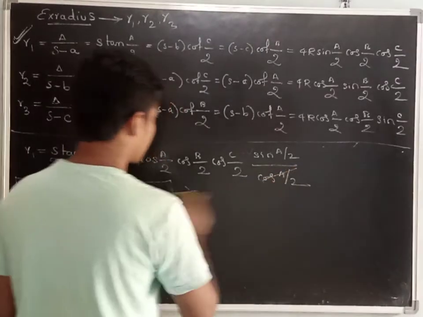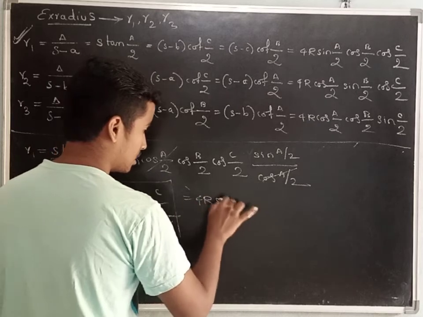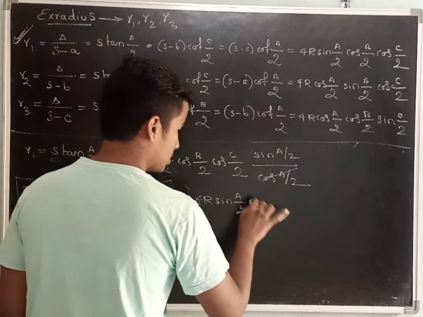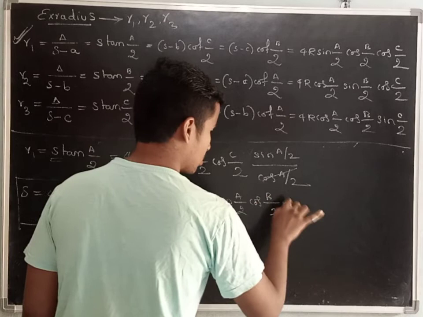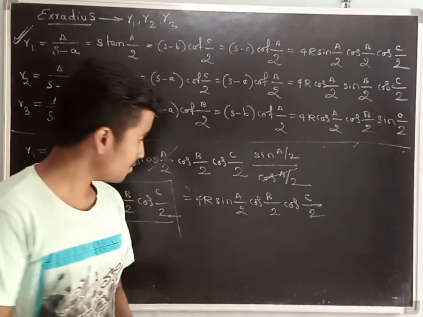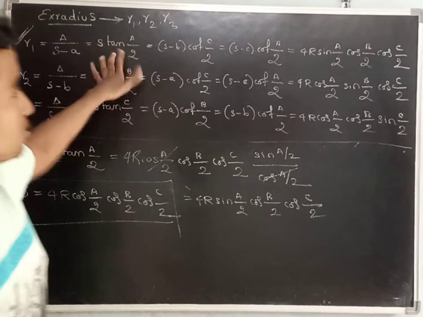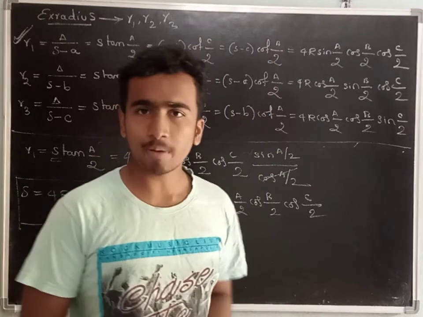Here cos a by 2 gets cancelled. On further simplifying, 4r sin a by 2 into cos b by 2 into cos c by 2. Okay, this is how we can simplify this part for proving to this part.